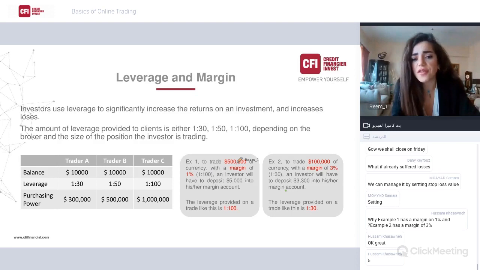So 500,000 times 1% is 5,000. This is your margin. So you need $5,000 to control 500,000 units in the market. So this is why 1% is associated to 1 to 100, and 3% is associated to 1 to 30. Okay, got it, Hussam?